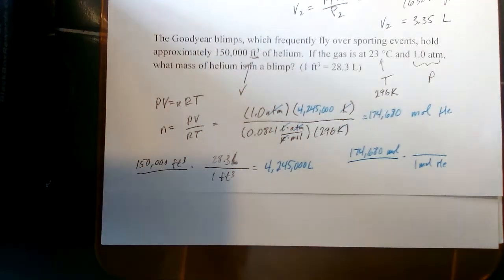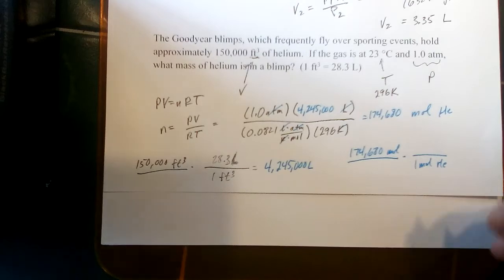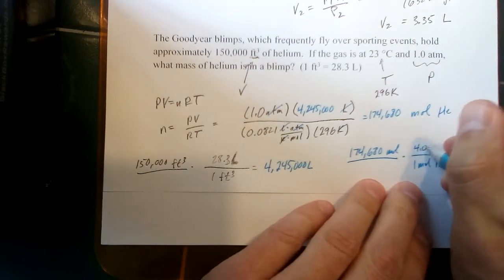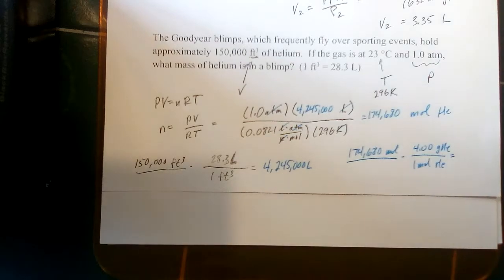Where did my periodic table get to? Okay, we're getting toward the end of how long I can make this video. So I'm pretty sure it's 4 grams of helium. So let's just use 4.00. It maybe is slightly different. But multiply by 4 there.